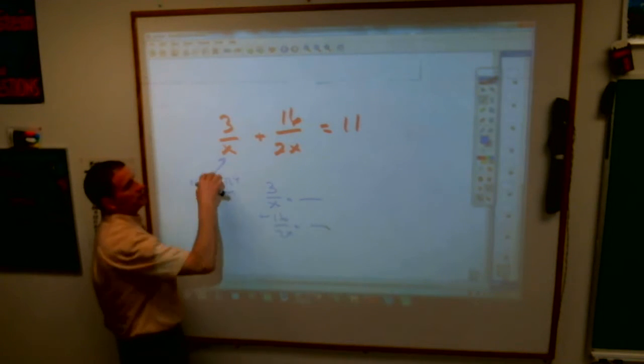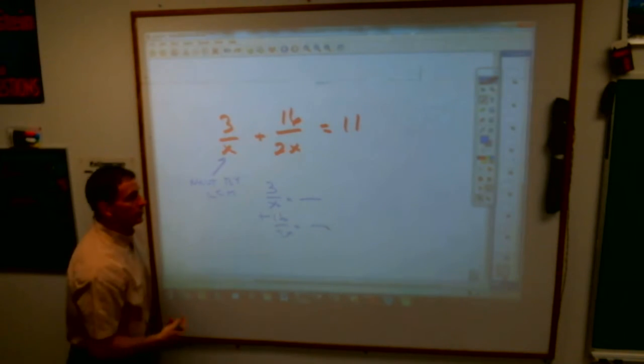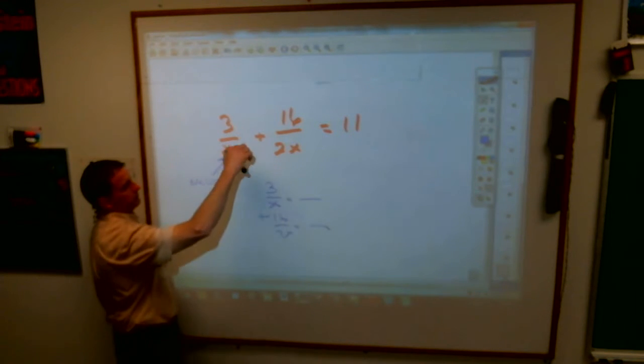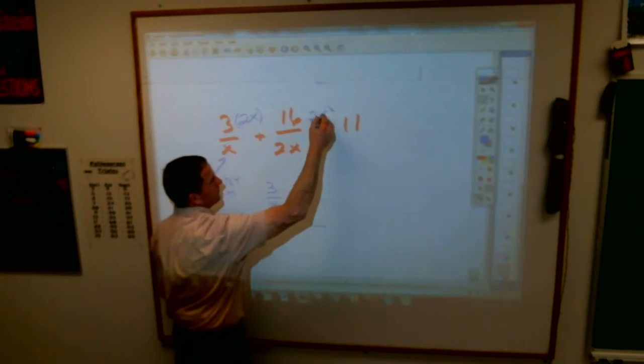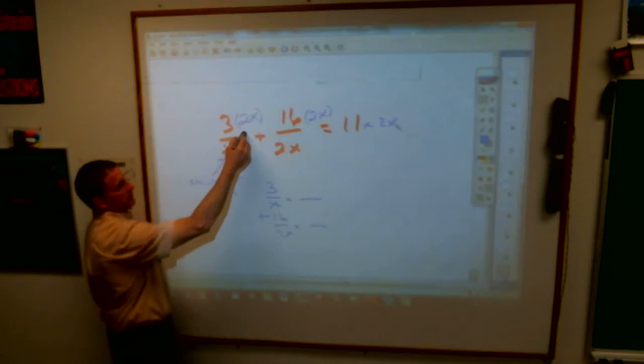So what you want to do is multiply all 3 of these by 2x, because when you do, the bottoms are all going to cross out and give you no denominator. If I multiply this by 2x, and this by 2x, and this by 2x, this is like 2x over 1.